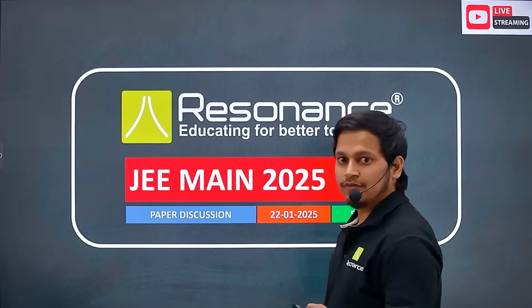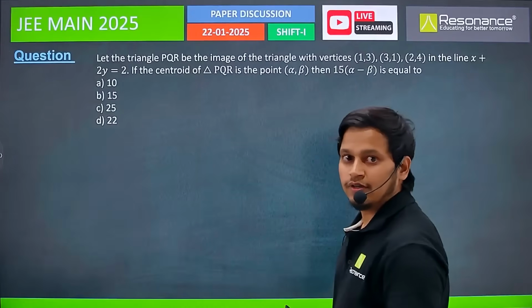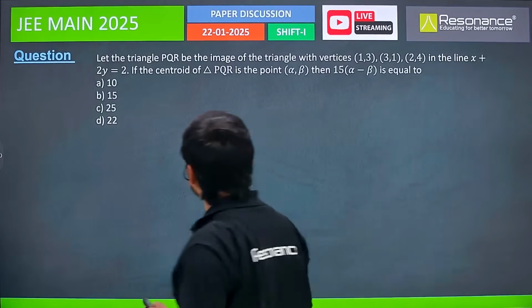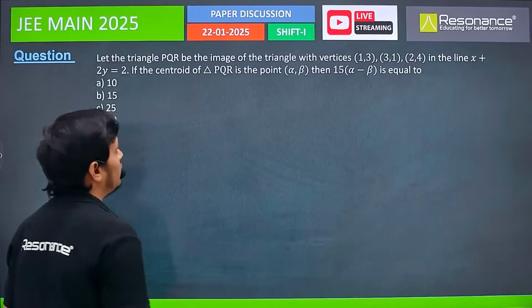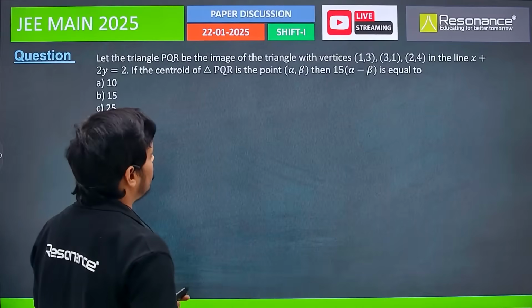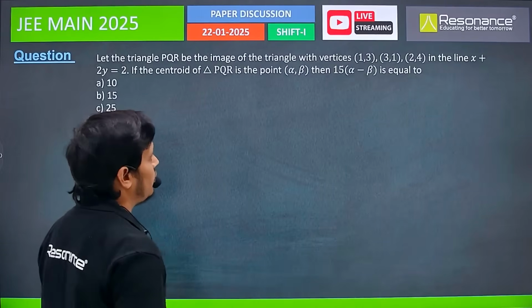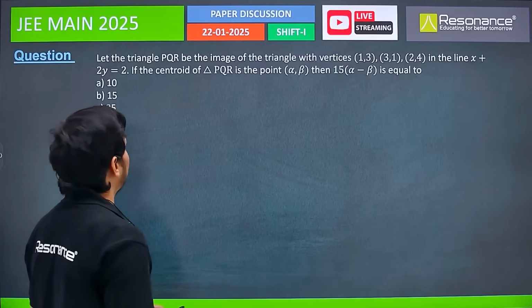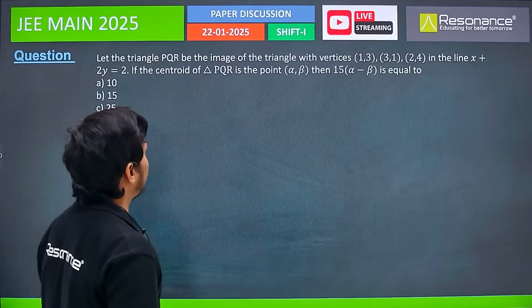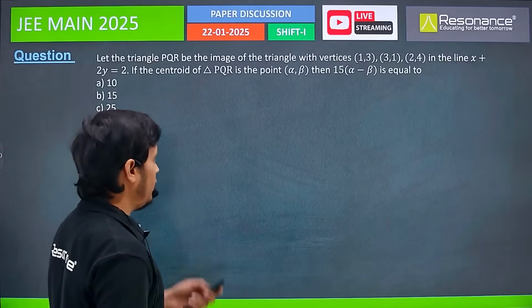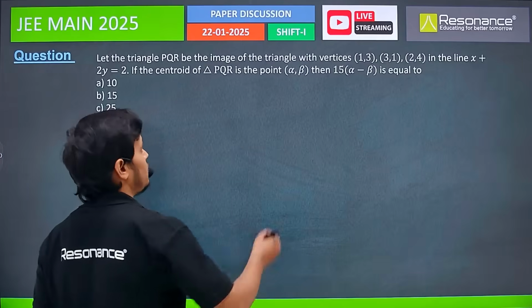Let's see. Okay, so our first question is: let the triangle PQR be the image of the triangle with the vertices (1, 3), (3, 1), (2, 4) in the line x + 2y = 2. If the centroid of the triangle PQR is the point (alpha, beta), then find the value of 15(alpha − beta).